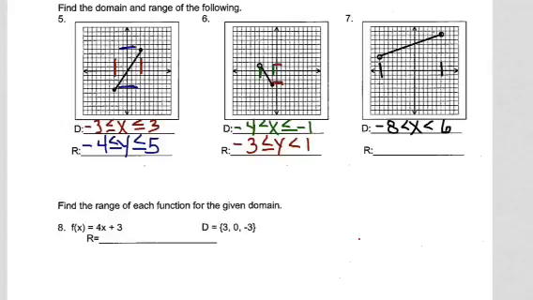Now let's take a look at our range. The bottom of our range is positive 3.